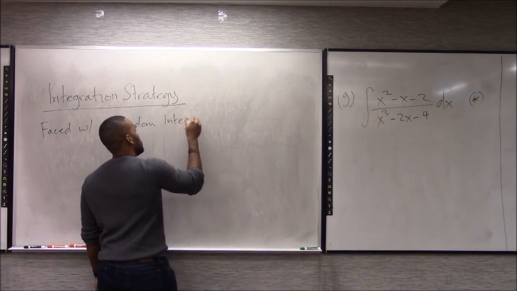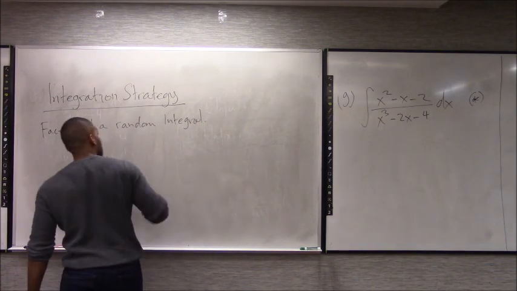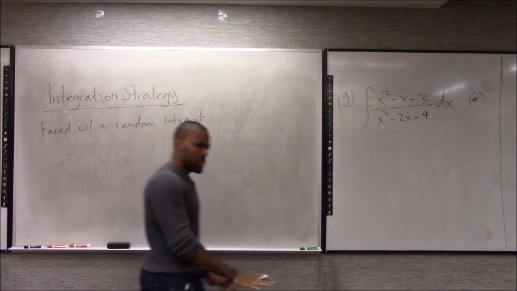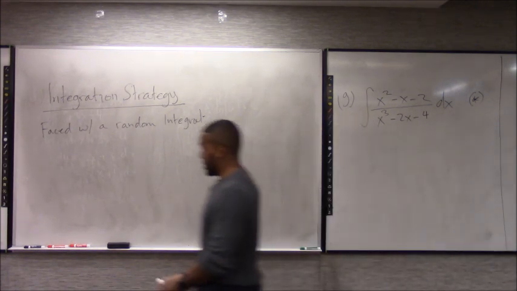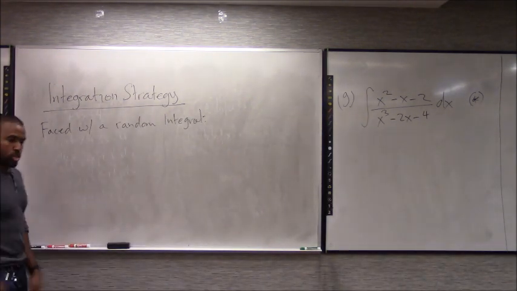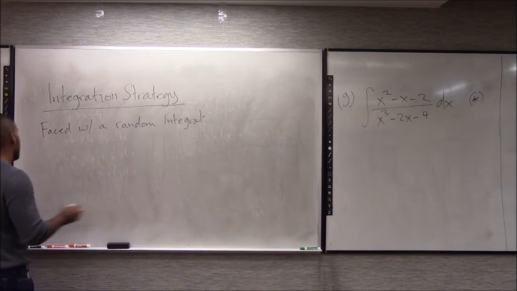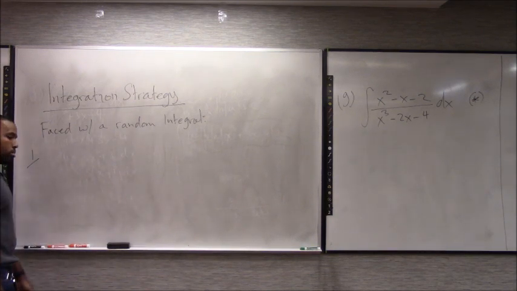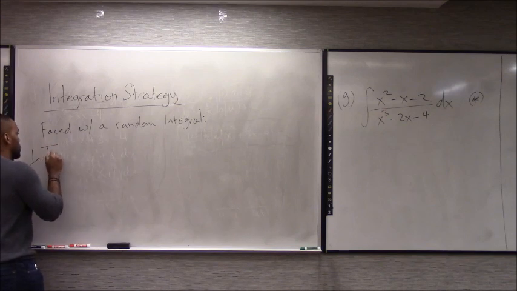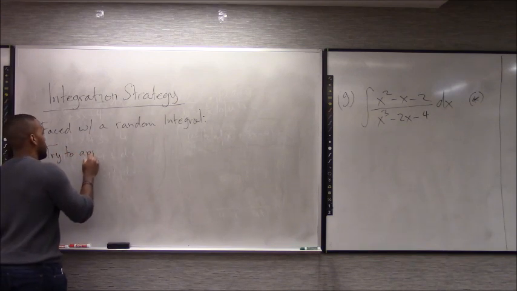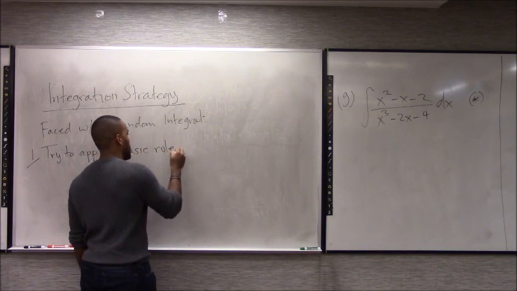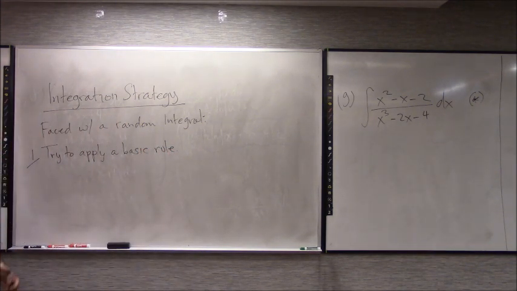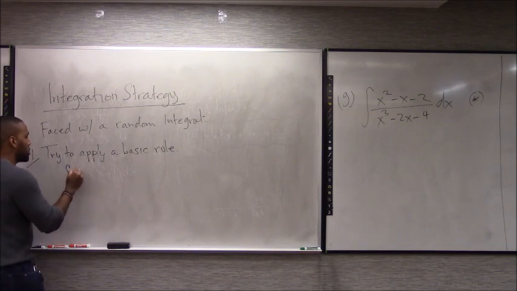Faced with a random integral, here are the things that should go into your head, pretty much in this order. I'll tell you when the order doesn't really matter. When a random integral shows up on a test or a quiz, the first thing you're always going to think about is to try to apply a basic rule. What am I referring to? Things like the power rule.